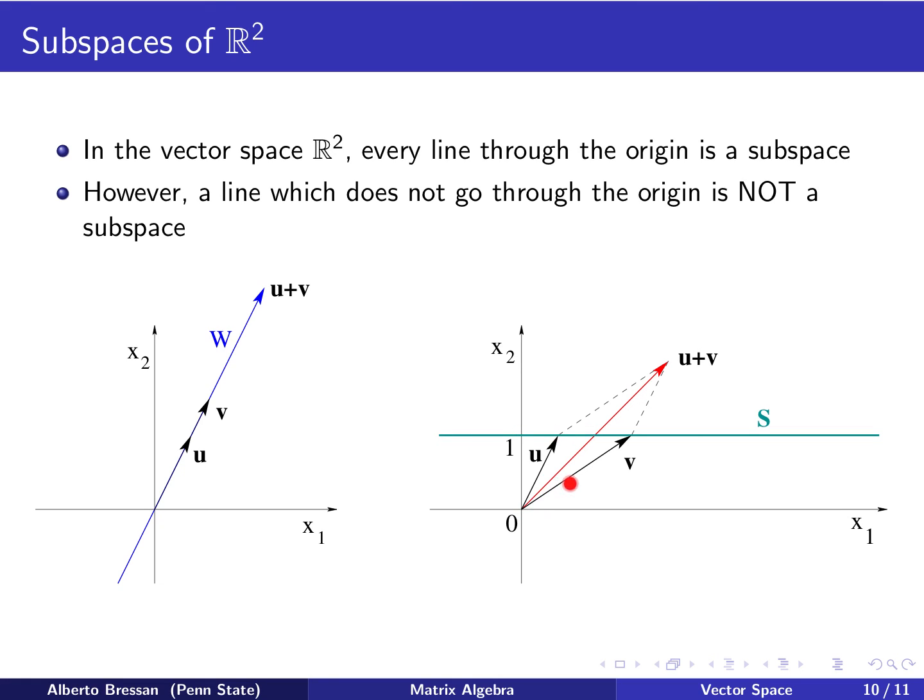Then we take another point v, the second vector. What is u plus v? You would take the end point of v and form this parallelogram, and that point will be u plus v. We see that it is no longer on this line, which we call S. So u plus v will not be an element in the subset, and therefore this is not a subspace.